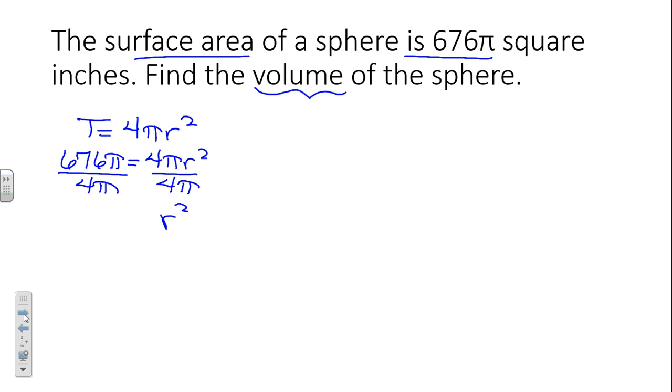So r squared will be equal to what? Pi's cancel and we get 169. If r squared is 169, r is 13. How does that help us find volume? What's the formula for volume?